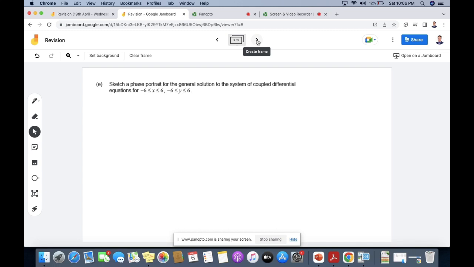Pardon me with my Cartesian plane. We can assume this will just be a rough sketch. This is positive 6 here, this is negative 6 here. Take note, this is just a very rough sketch.